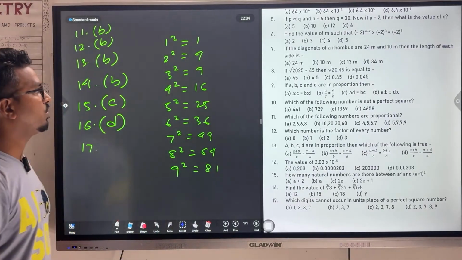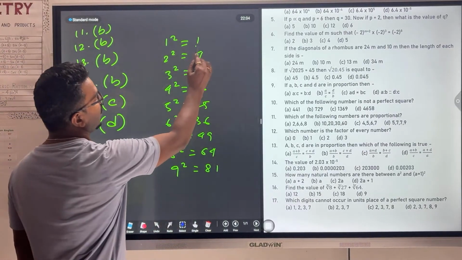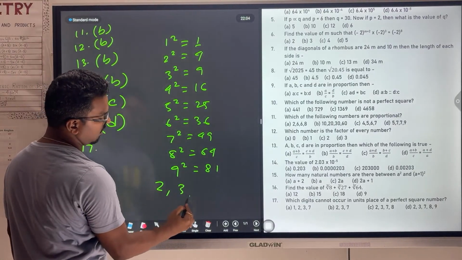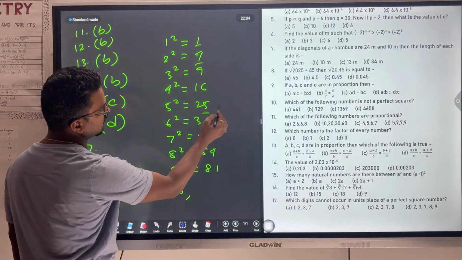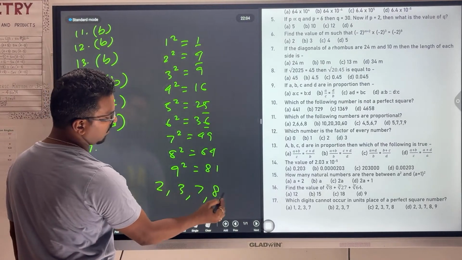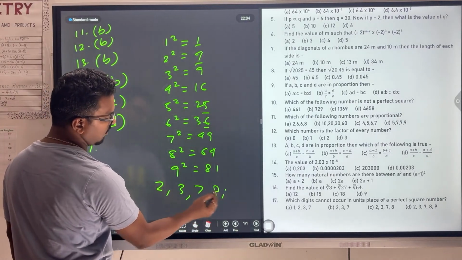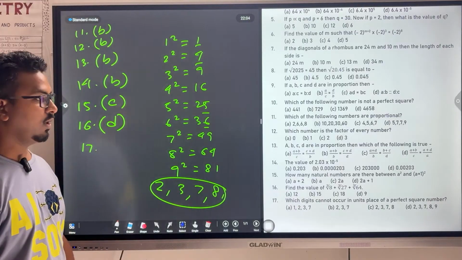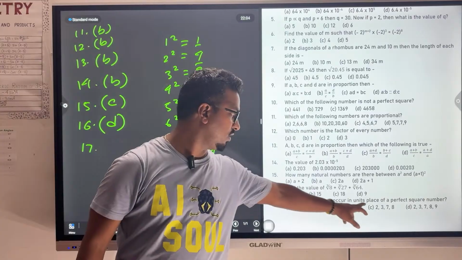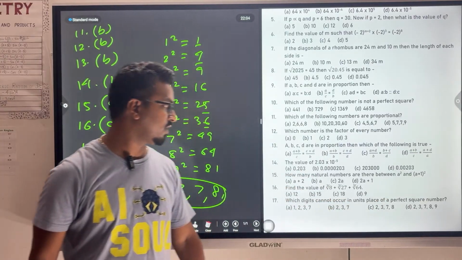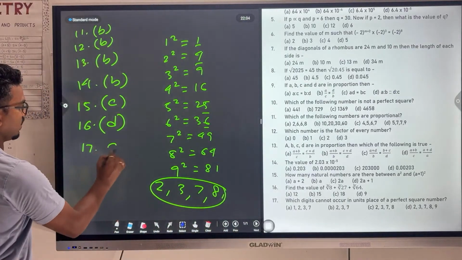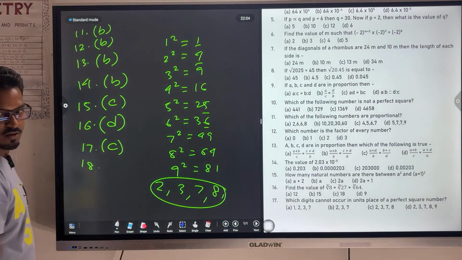So the unit digits 2, 3, 7 and 8 never occur in the unit place of a perfect square. The option is C.